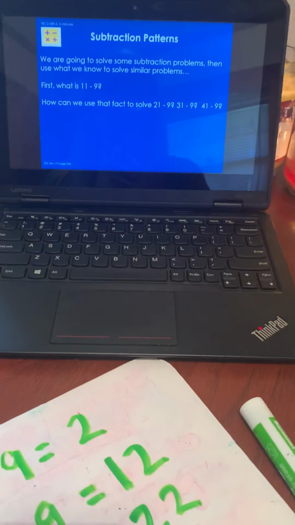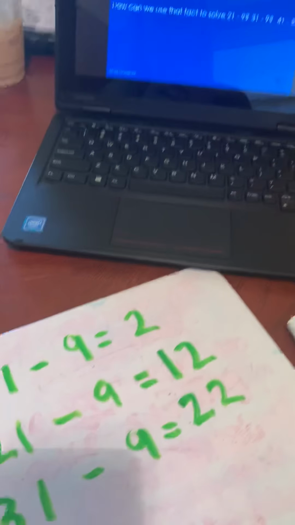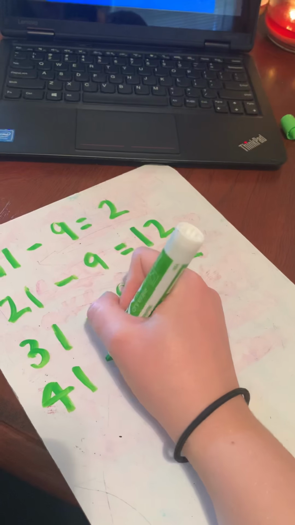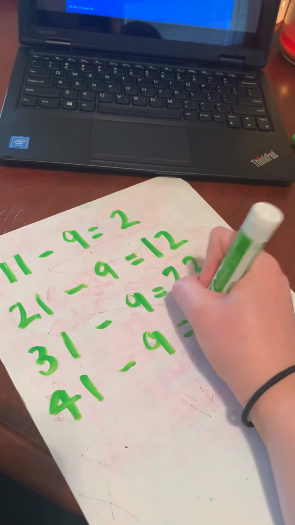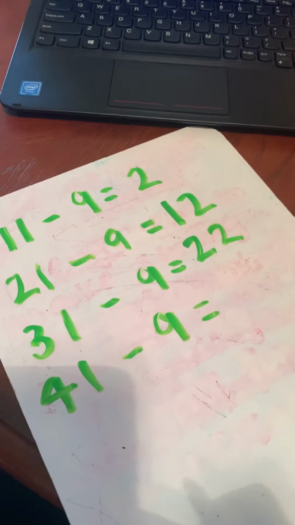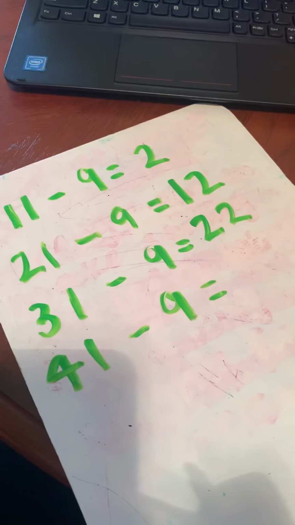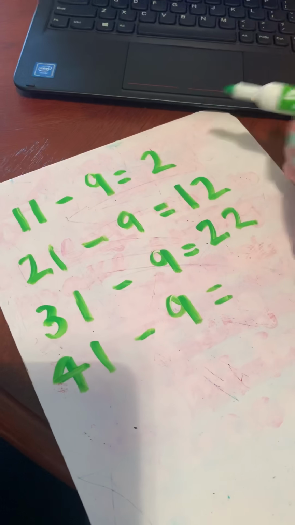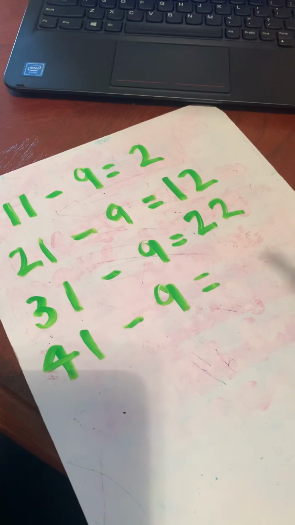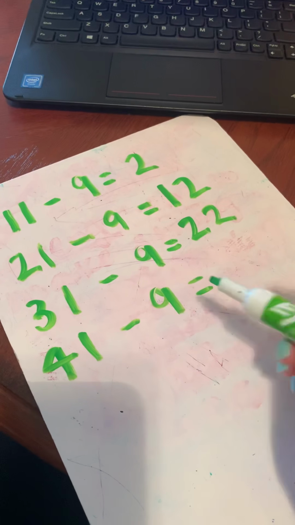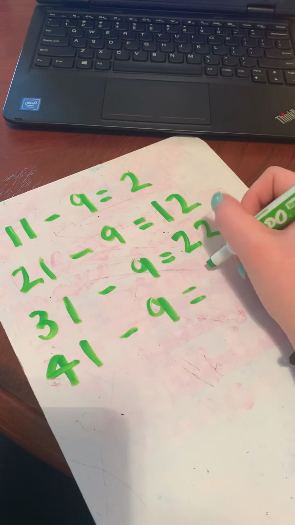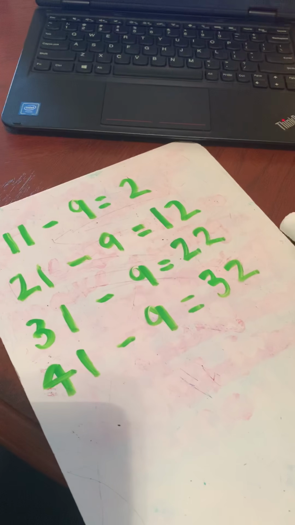So now what about 41 minus 9? And if you can, be keeping a list of these subtraction sentences, just like I'm doing on my board. Okay, so 11 minus 9 is 2, 21 minus 9 is 12, 31 minus 9 is 22, 41 minus 9 must equal what? 32.